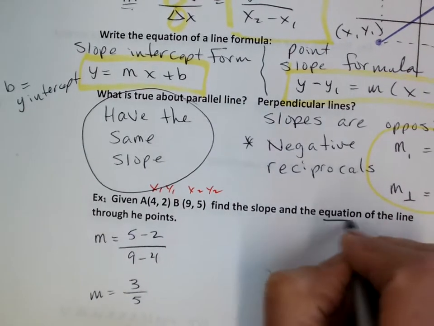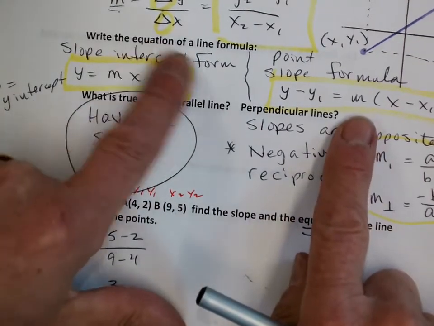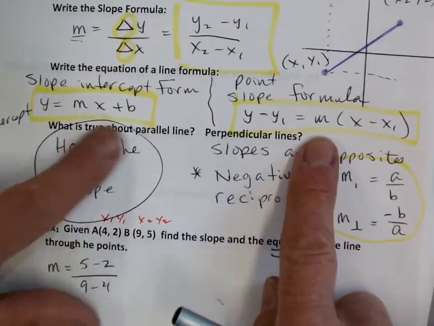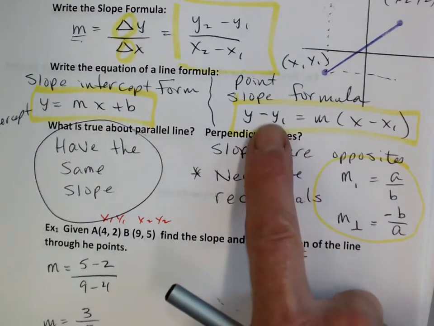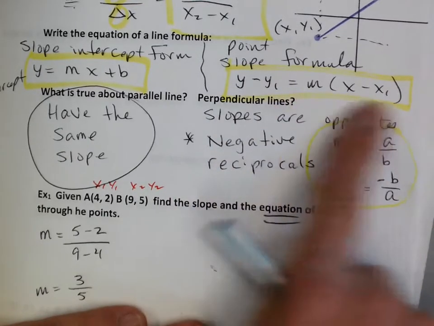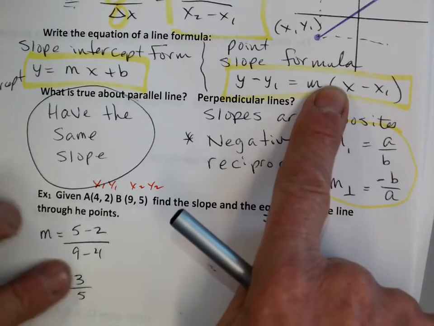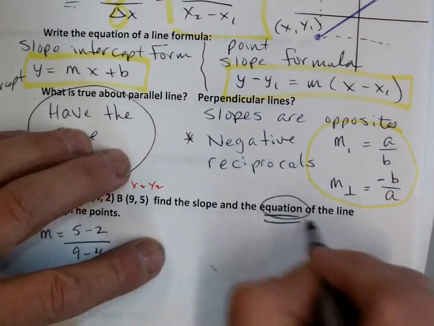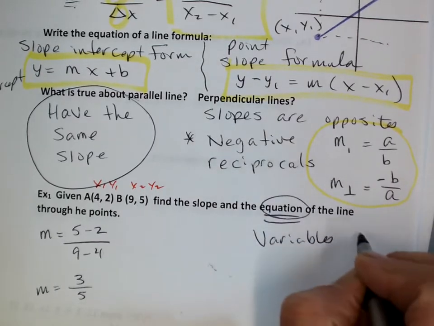Now, to find the equation of the line, I've got two choices. I could either use y equals mx plus b, which you guys are really good at, but I want to show you this other one, because I think if you get into it, it's easier. Looks longer, harder, but it's not. First of all, to have an equation, you need variables, x and y.